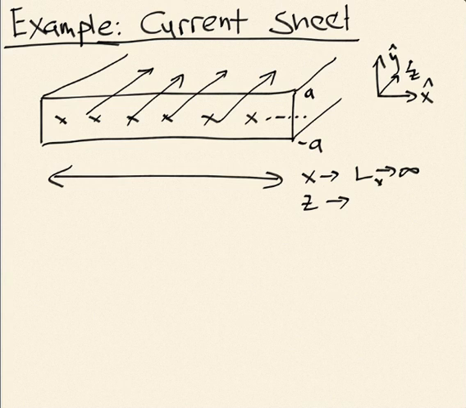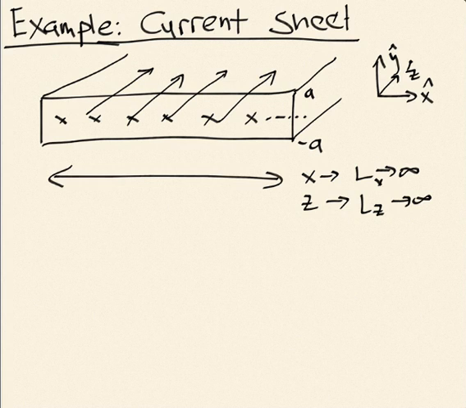So Lx goes to infinity, Lz is also infinitely big. Now, in reality, there are no infinite current sheets like that, but if you have a very big slab, you can approximately argue that the field looks the way that you would calculate, assuming it's infinite.